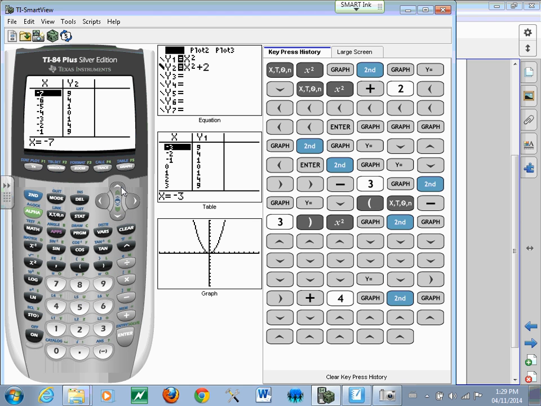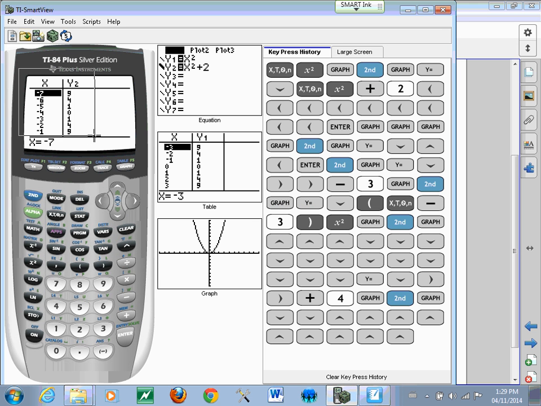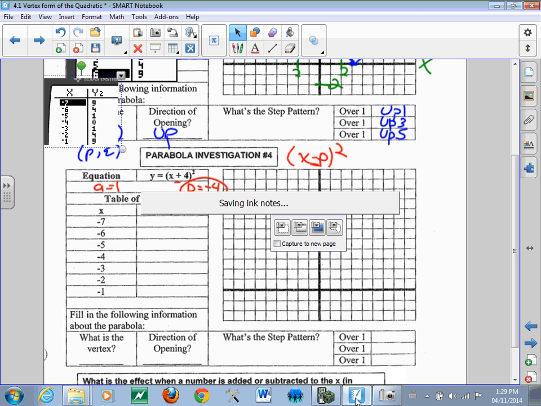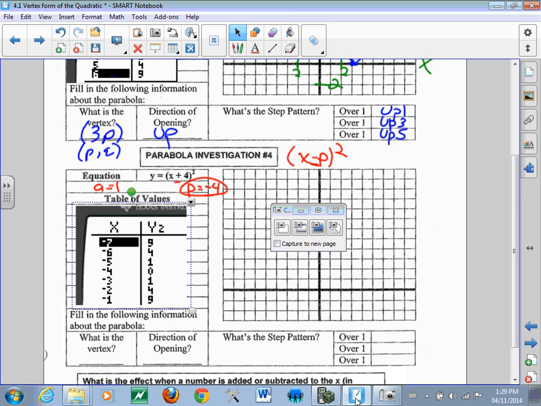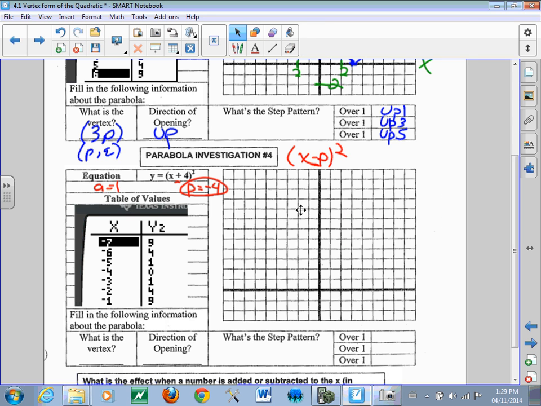Okay, so I'm going to borrow that. Tap it in. Okay, and again, taking a look, ladies and gentlemen, at your table, you should recognize your vertex is the turnaround point. So our vertex is -4 and 0.